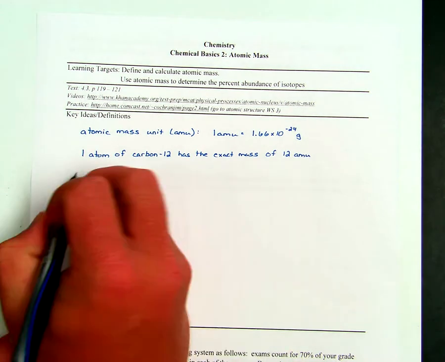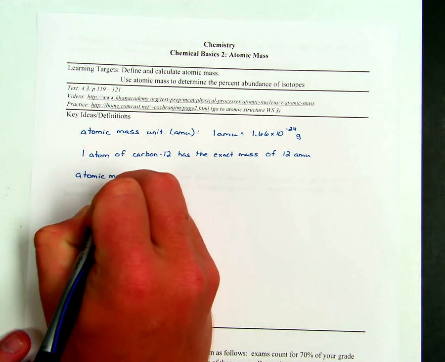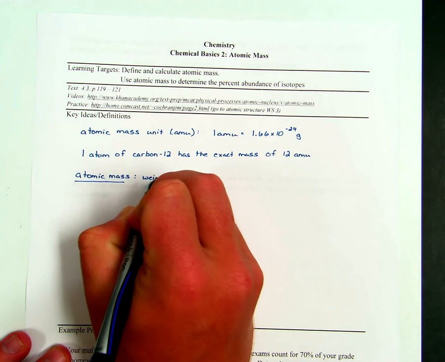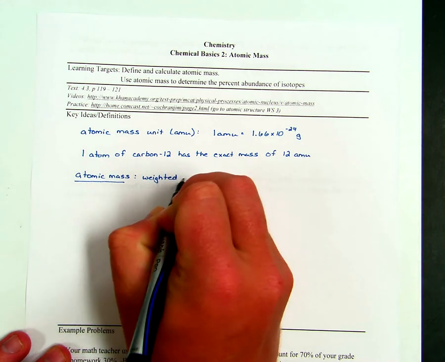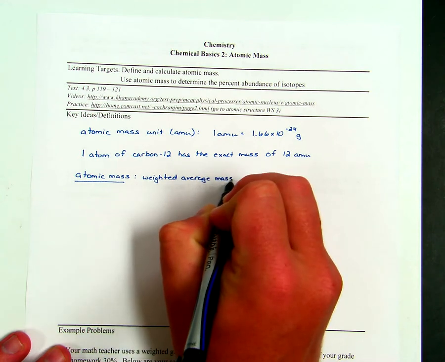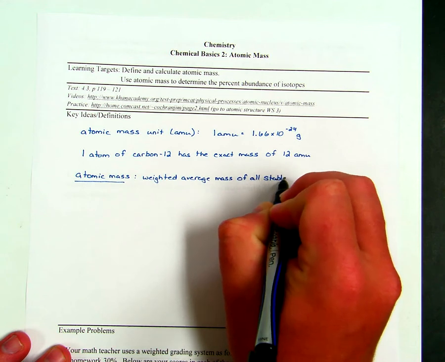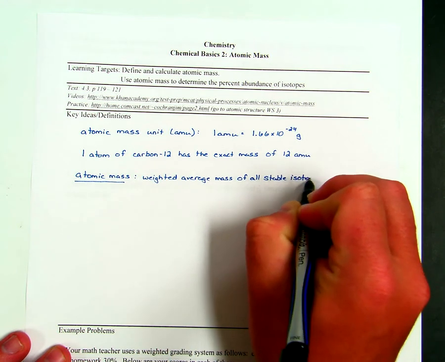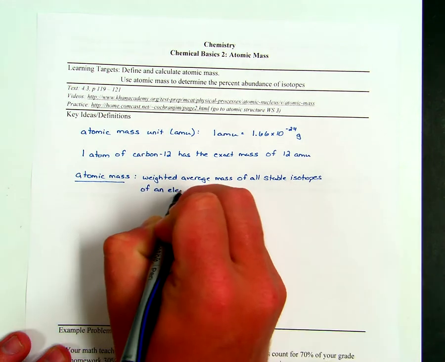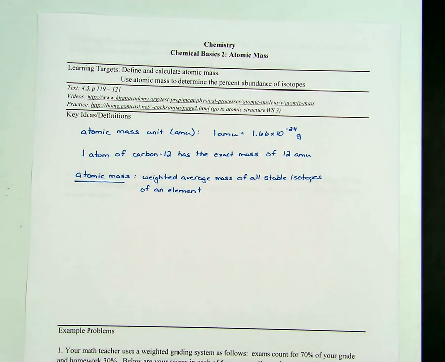Now what we want to do in this video is talk about atomic mass and what atomic mass is. Atomic mass is the weighted average mass of all stable isotopes of an element.